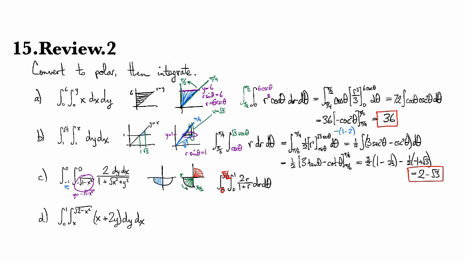Okay, so in order to integrate this, I would probably do polynomial long division. If we do 1 plus r divided into 2r, then it's 2r plus 2.